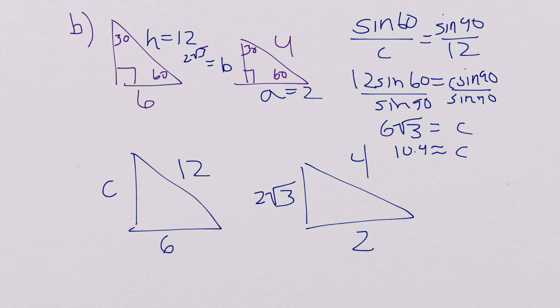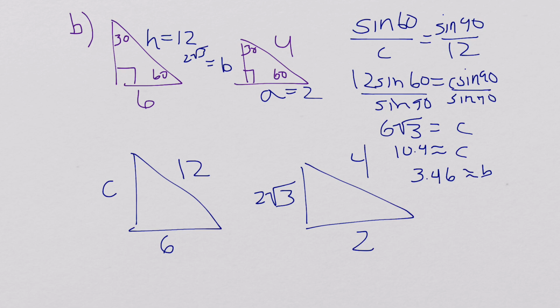So you would have gotten 10.4 for C, and you would have gotten 2 root 3, or about 3.46, for B.